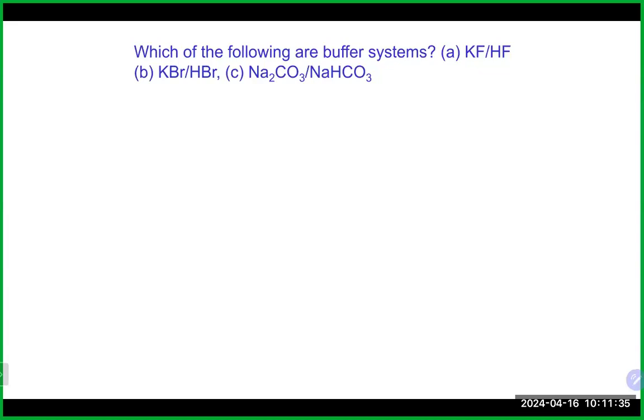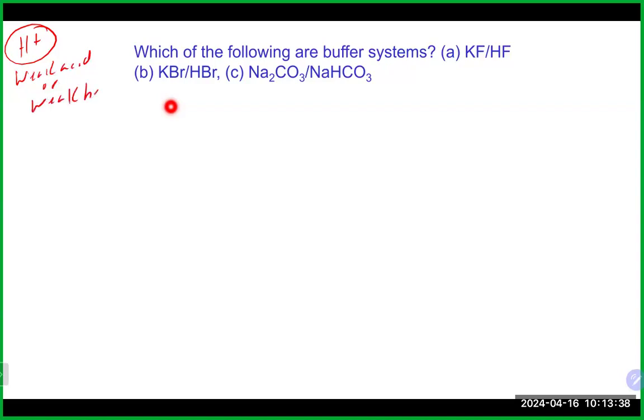All right, so take a moment here. Would each of these or any of these be a good buffer? Okay, so let's take a look. One of the things we want to look at is whether the species are related by basically just one H plus. We also want to make sure that we have at least a weak acid or a weak base.